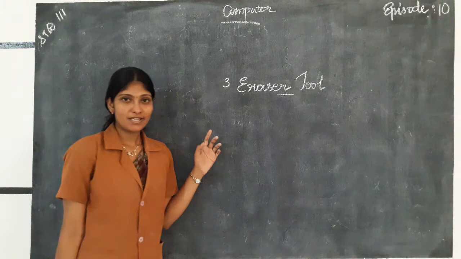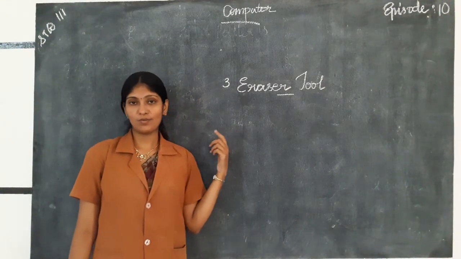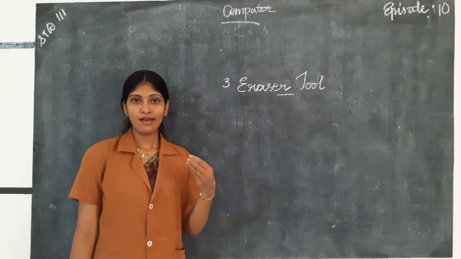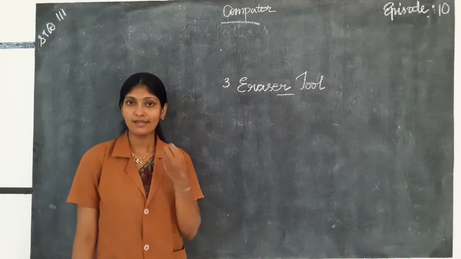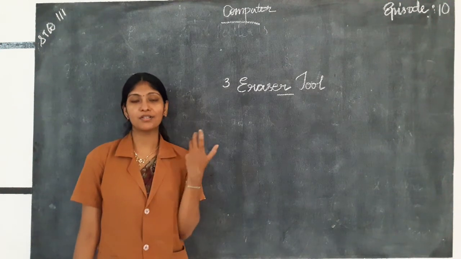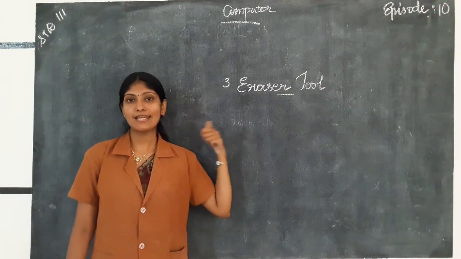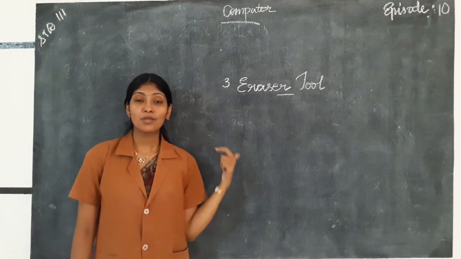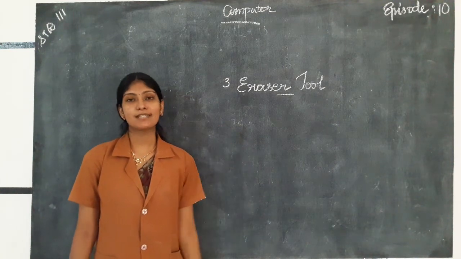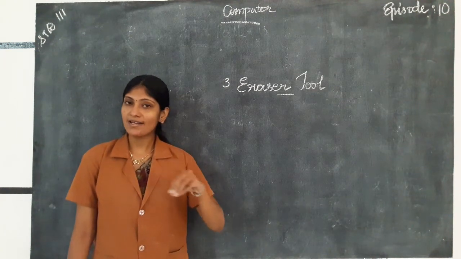We already know what an eraser is. Can you tell me the use of an eraser? To remove mistakes. If you write any notes in your notebook and a mistake happens, you can erase or remove the mistake using an eraser, right? That means you can remove unwanted markings or unwanted parts of the picture on the paint screen.